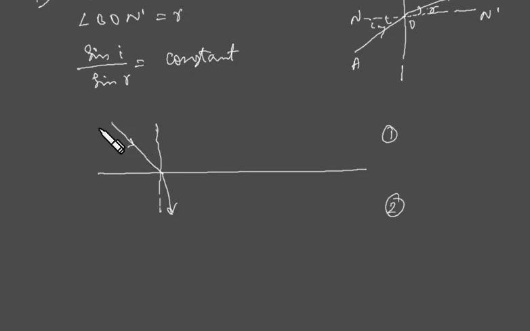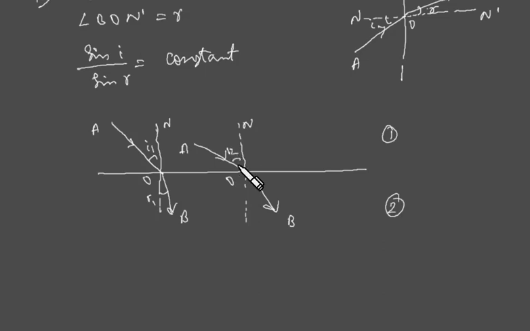Okay, so this is O, A, B, this is I1, this is R1. Then again, let's say I have increased the angle of incidence this time, and then the angle of refraction would be something like this: A, O, B, N, N prime.